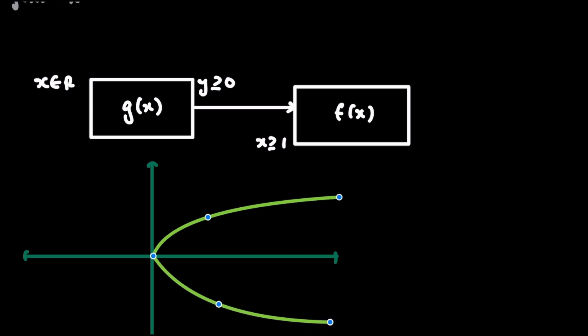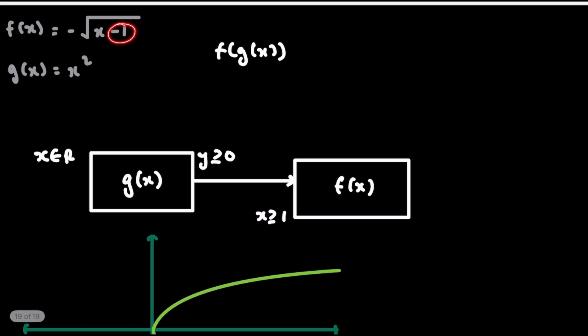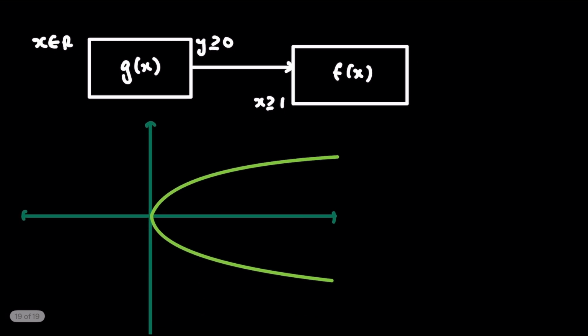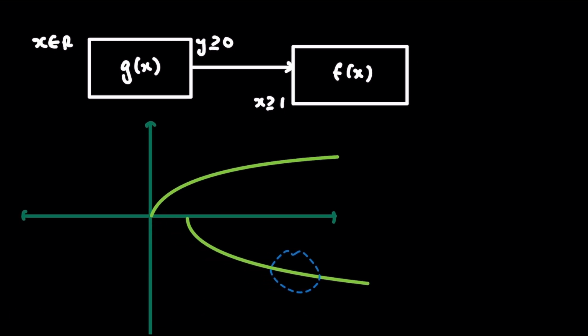And I also know that because there is a -1 on the inside of the square root, that is a translation in the x-axis. More specifically, it's a translation to the right of the x-axis. So something like this. So I know this is what my new graph looks like, and that's what I need to use.